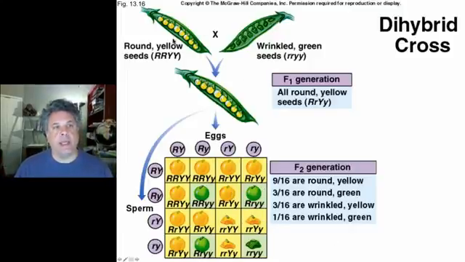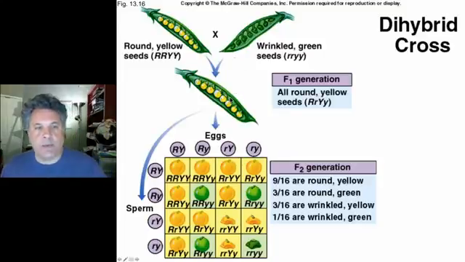So here we are following both pea texture, round or wrinkled, and pea color, yellow or green. And our allele symbols for these traits are as follows. Large R's signify round peas, small r's signify wrinkled peas, large Y's signify yellow peas, and small y's signify green peas. So we take a true breeding plant that has wrinkled and green peas, and a true breeding plant that has round and yellow peas, and those are crossed.